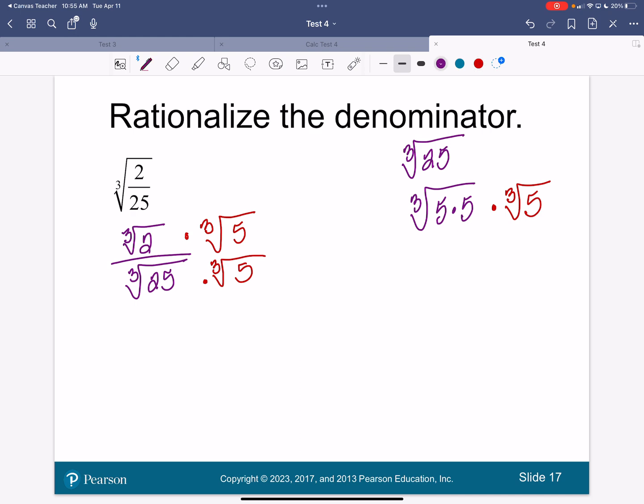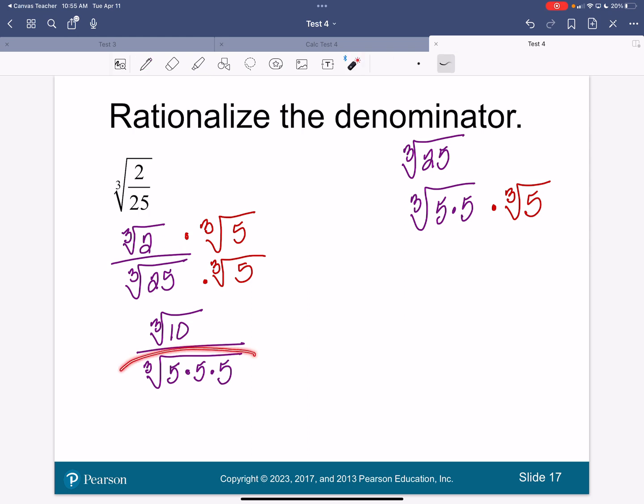So now I end up with the cubed root of 10 in the numerator, because I've got the 2 and the 5. They're being multiplied, so I'm allowed to multiply those together because they're both under the radical. In the denominator, I end up with the cubed root of 5 times 5 times 5.